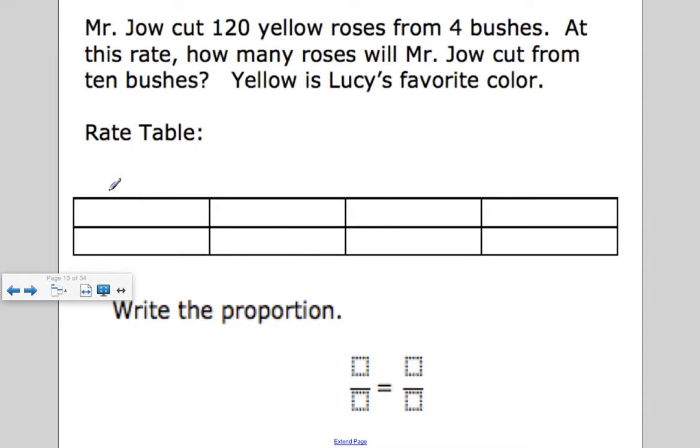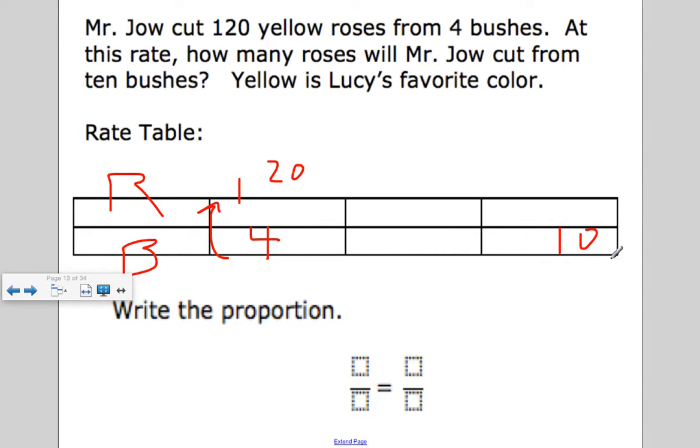So let's see. This is about roses and bushes. So 120 flower roses come from 4 bushes. If there are 10 bushes, how many flowers will I receive? We could do between, can 4 go in 10? But I want to do a within.